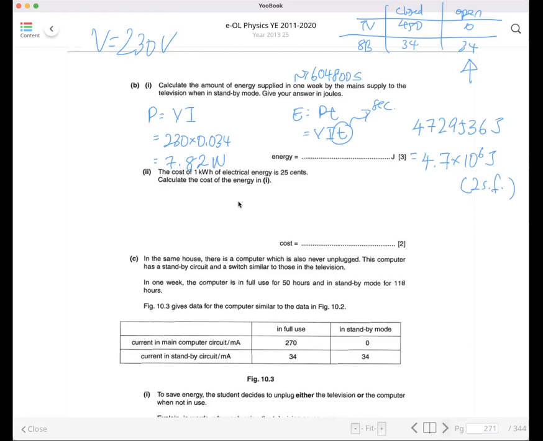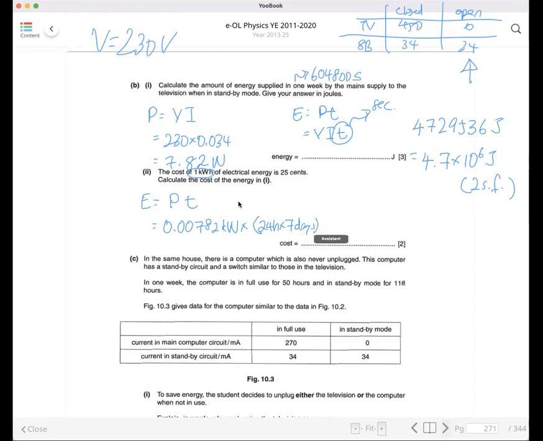Very good. So you can see that it's in 1 kilowatt hour. So energy is power times time. In this case, you must change the power to kilowatt. So it will be 0.00782 kilowatt multiplied by time. The time must be in hours, so it's 24 hours times 7 days.